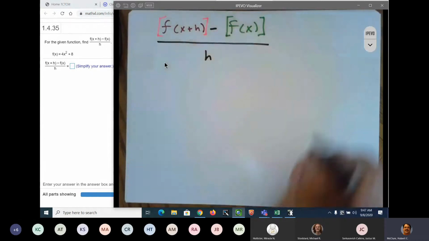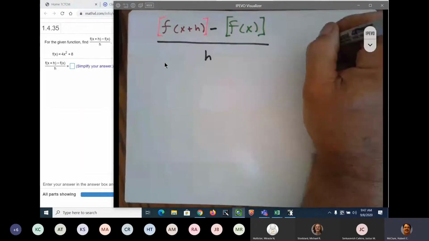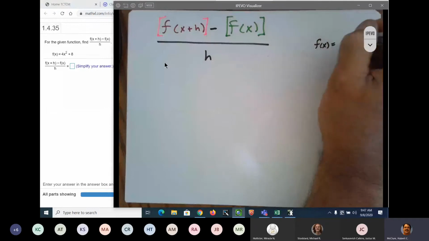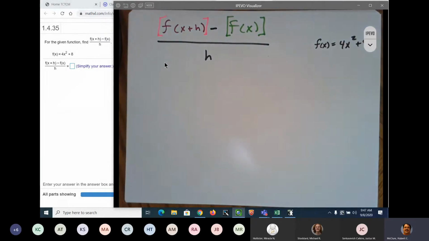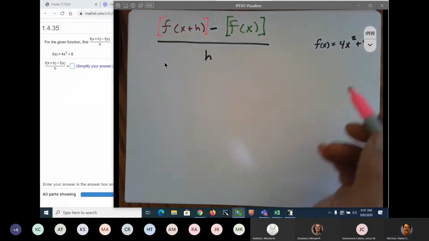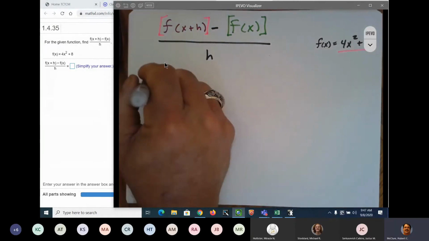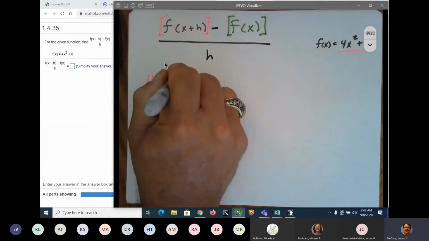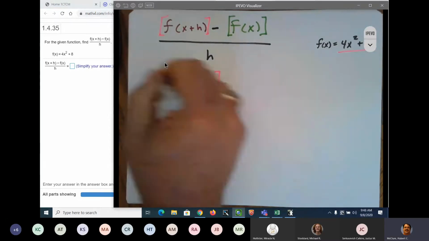Okay. Now, they're giving us f of x is equal to 4x squared plus 8. So first thing I'm going to do is rewrite this with a big set of parentheses. So 4 parentheses squared plus 8, and that goes in brackets.